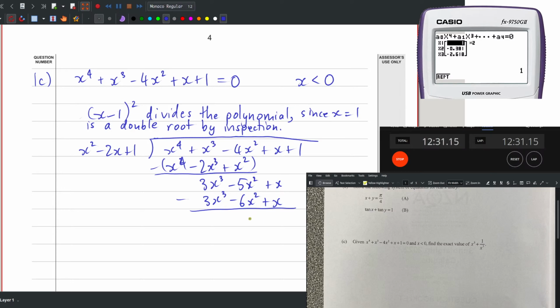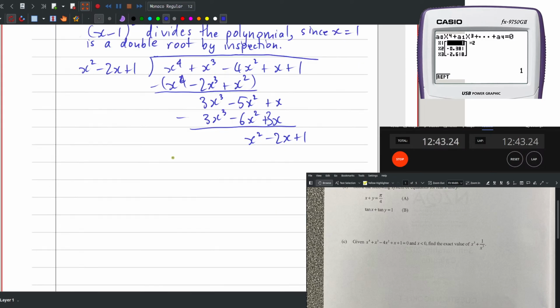How does this work? So you get x squared, right. So you get the polynomial equals x minus 1 squared times x squared minus 3x plus 1.